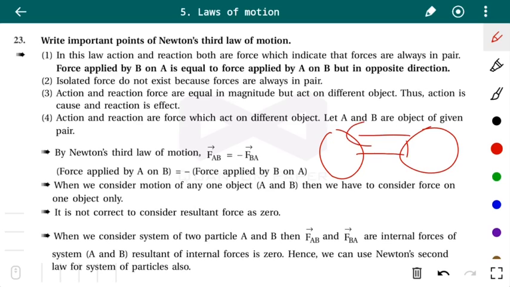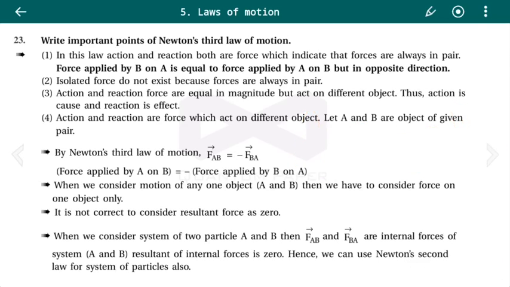So ball B comes in motion because of ball A, because the force is applied by A on B. The force applied by A on B is the action, and in reaction ball B applies force on A. So action is cause and reaction is effect.